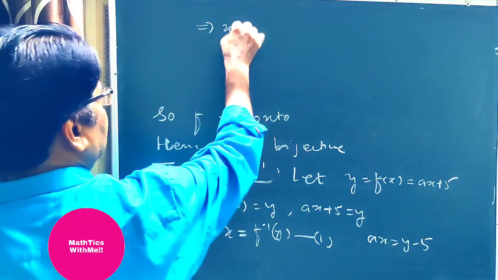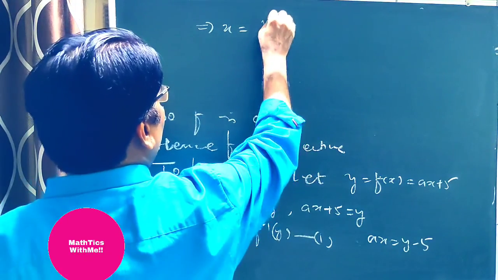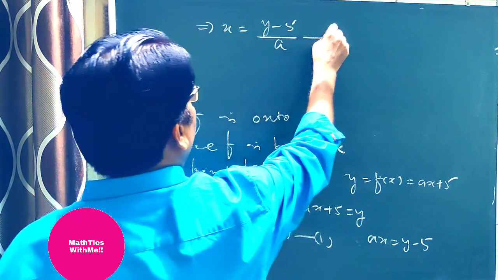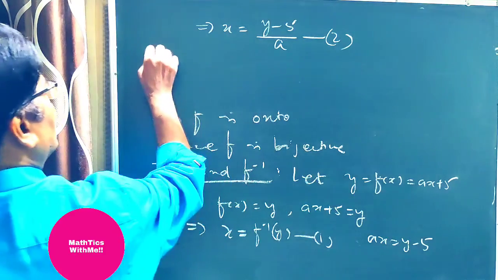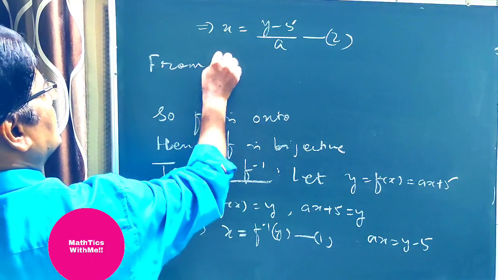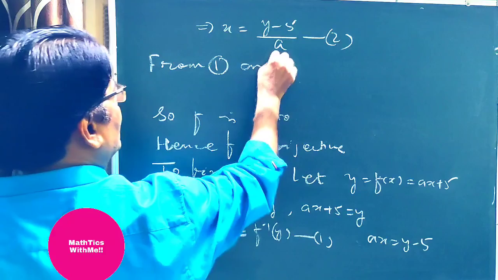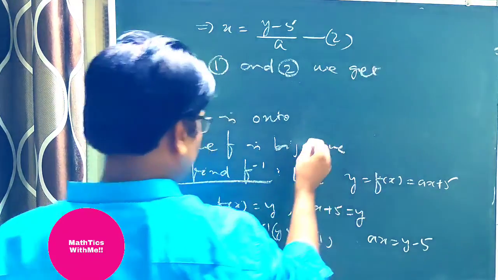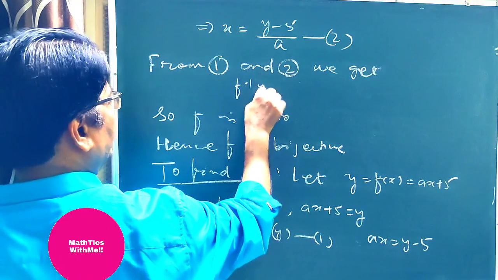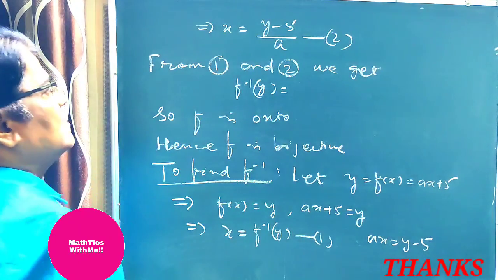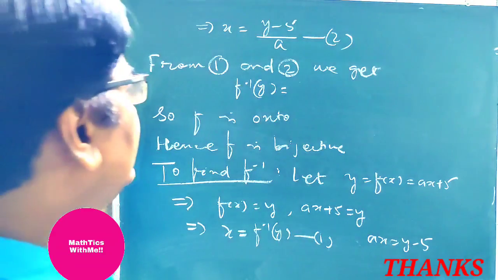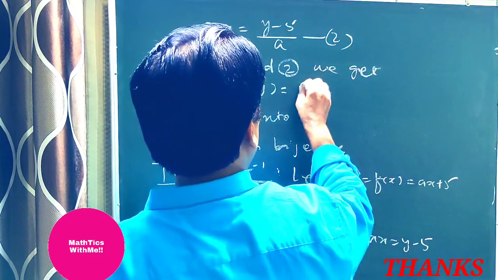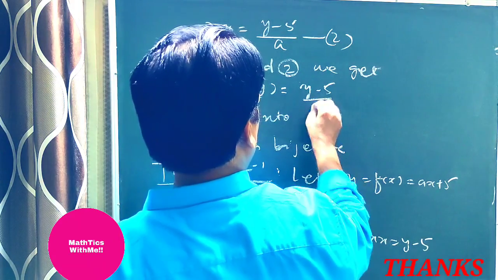Implies x is equal to (y minus 5) by a. So this is 2. Now from equations 1 and 2 we get f inverse y is equal to (y minus 5) by a.